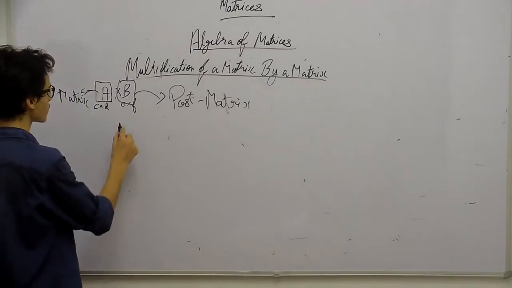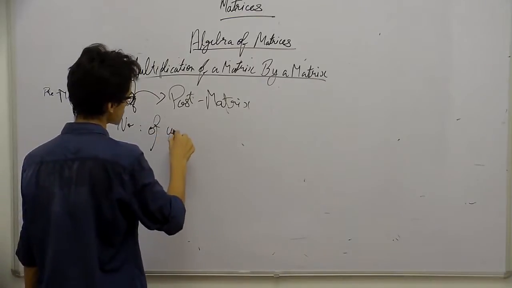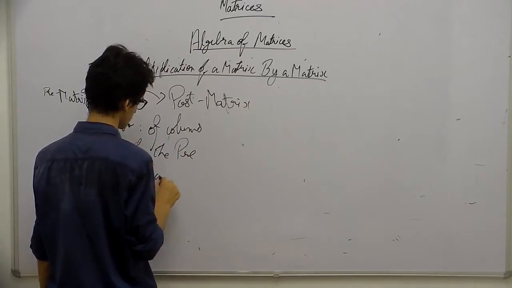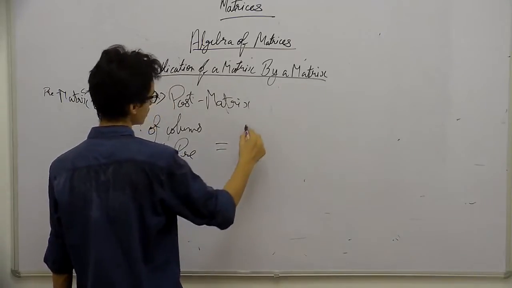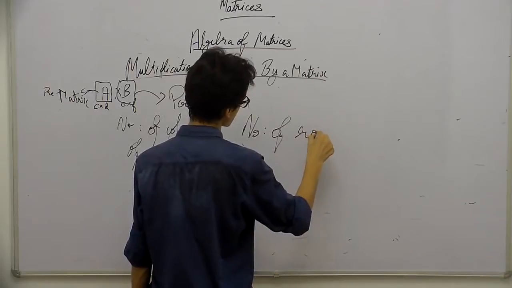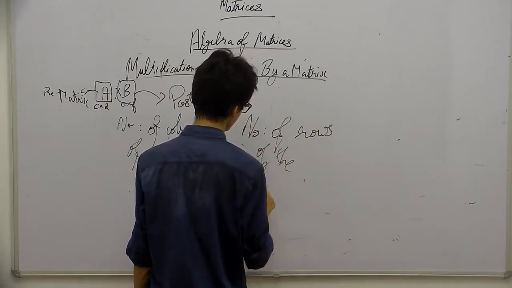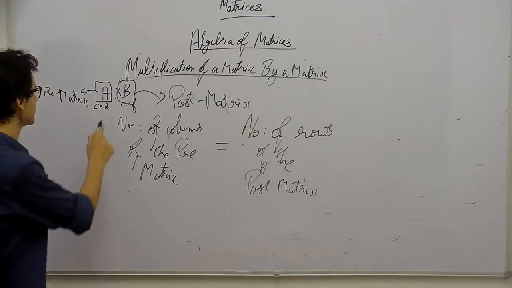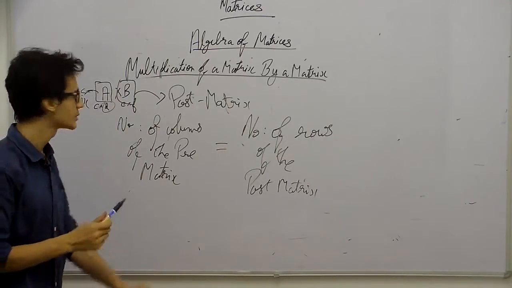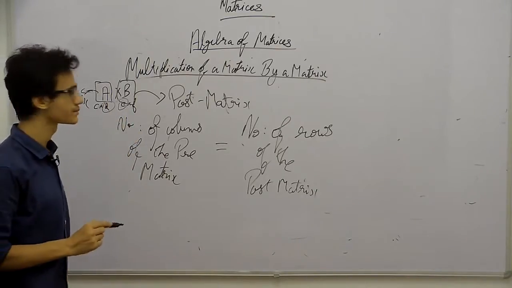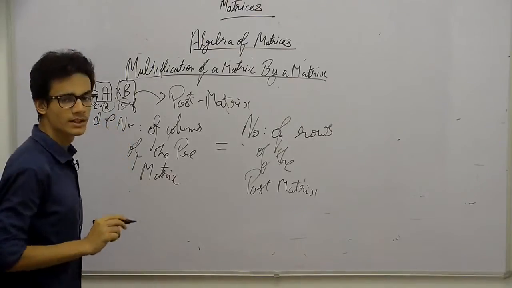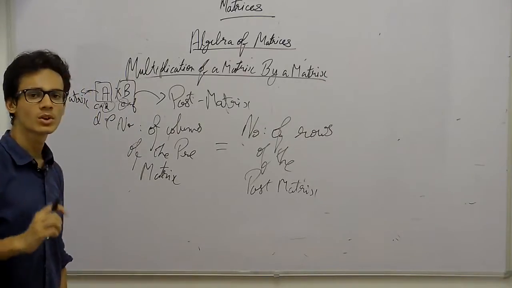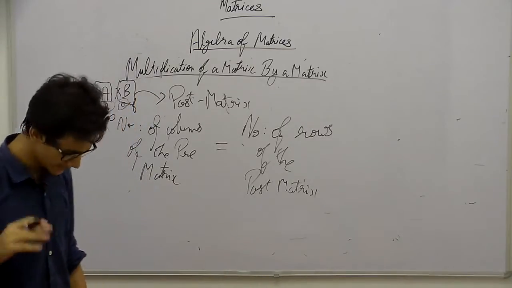The number of columns of the pre-matrix must be equal to the number of rows of the post-matrix. So in this case, D, the number of columns of A, must be equal to E, the number of rows of B. This is the requirement to multiply a matrix by a matrix: the number of columns of the pre-matrix must be equal to the number of rows of the post-matrix, i.e. the second matrix.